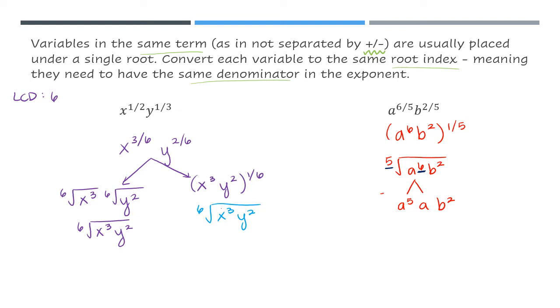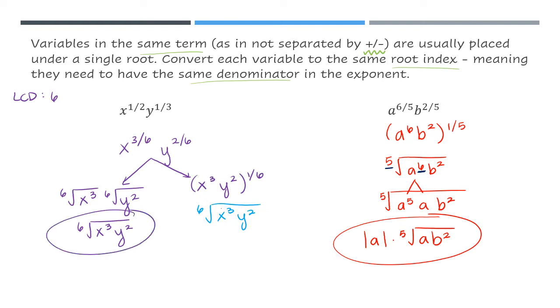But I'm taking the 5th root still of all of this. The 5th root of a to the 5th, those are essentially inverse operations. They undo each other. So we're just going to have an a on the outside of our radical sign. So we'll have the absolute value of a to ensure it's positive, times the 5th root of plain old a times b squared. Now that would be our fully simplified answer.